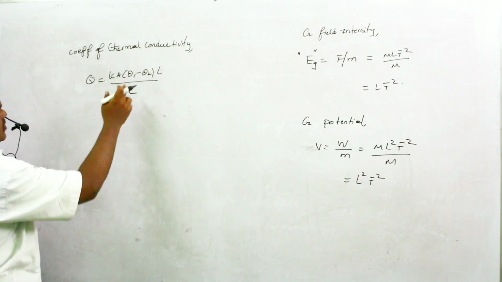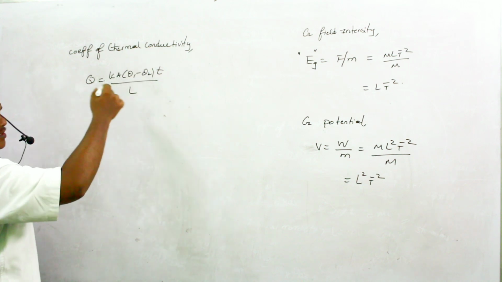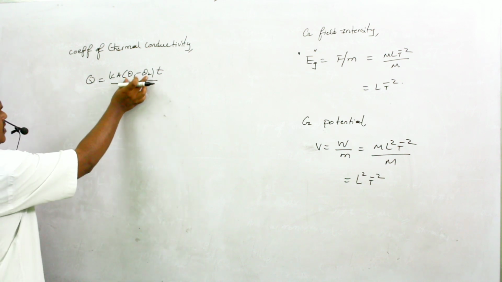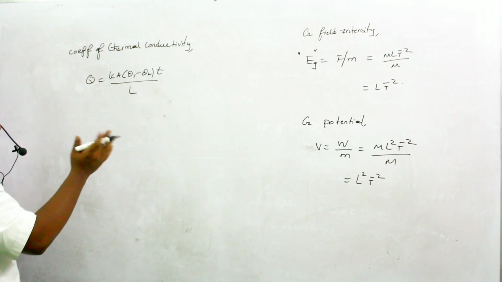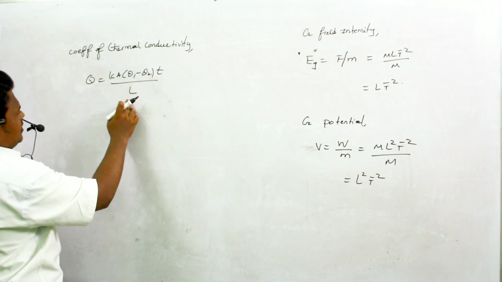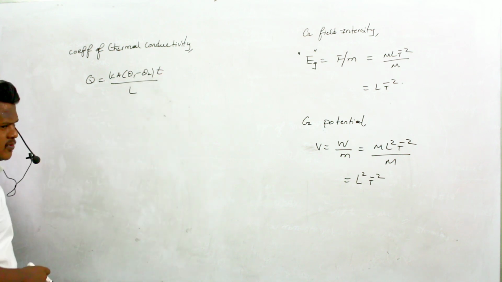K is the coefficient of thermal conductivity. A is the area of the phases where heat is transferred from one place to another place. θ1 − θ2 is the temperature difference between both the phases, T is the time taken, and L is the distance between both the phases.